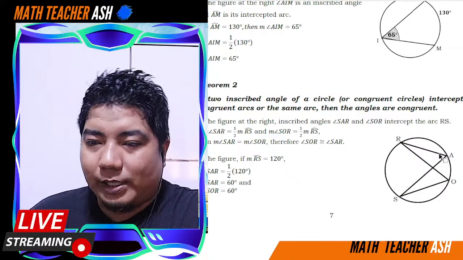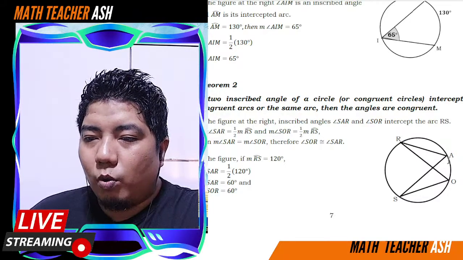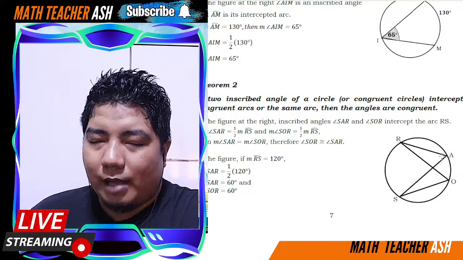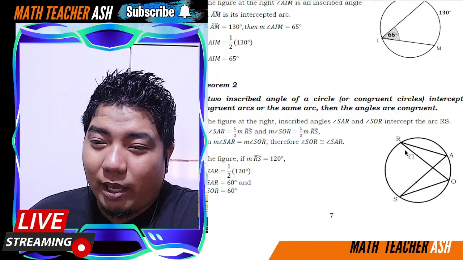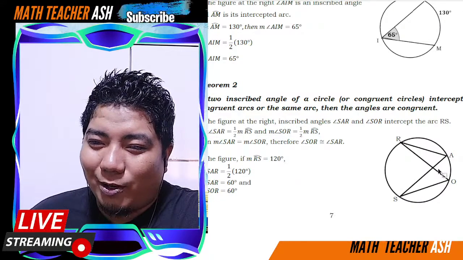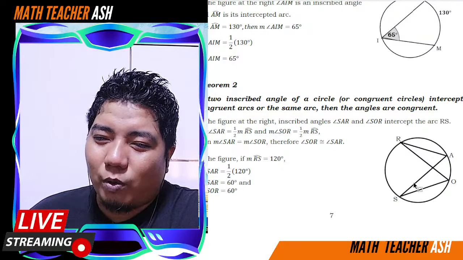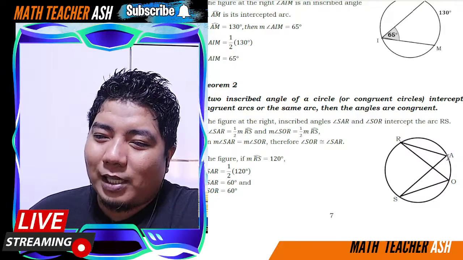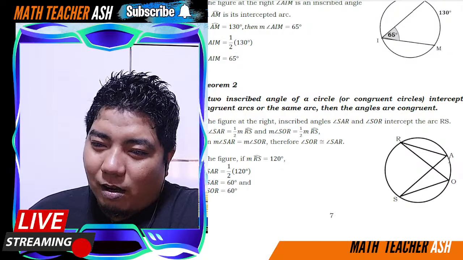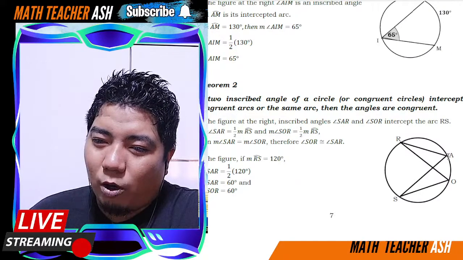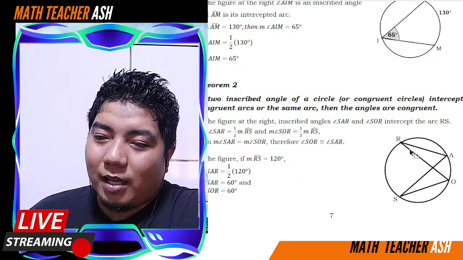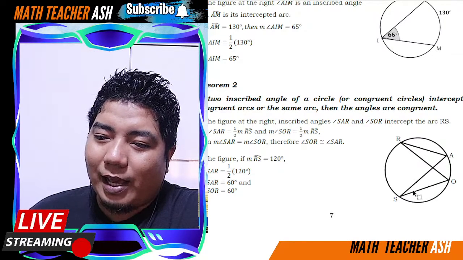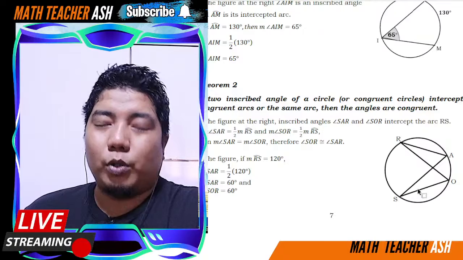Same goes to this example, ARO, sorry. ARO. Ito na angle yon, okay? We also have ASO. Ito na angle din yon. So, since they have this arc na kinakain nila pareho, therefore, we can say that this angle R here and angle S here are also congruent.